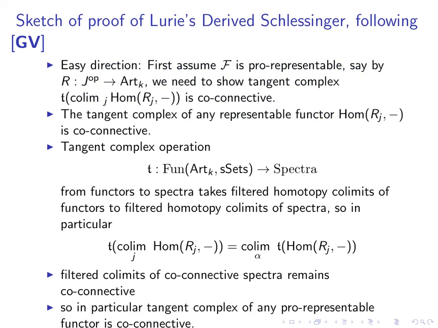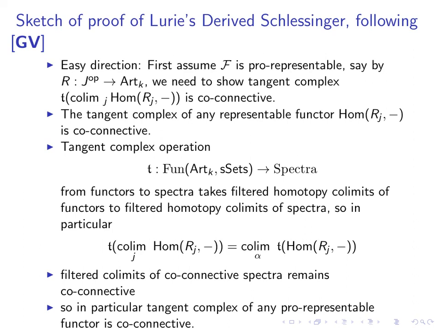So here's a partial sketch of a proof of Lurie's derived Schlessinger. Now the easy direction is to assume F is pro-representable, say by a pro-object R, and then what we need to show is that the associated tangent complex, or rather tangent spectrum, T of the functor, that's the colimit of all the Homs out of R_j, is coconnective. Now, as we've just seen, the tangent complex of any representable functor is coconnective.